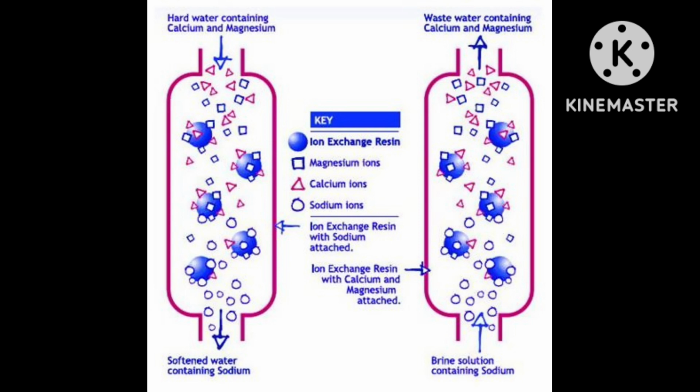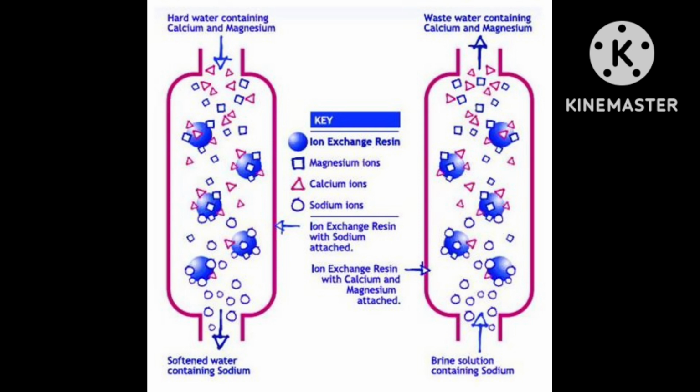It will give M carbonate plus sodium sulfate. Now this M carbonate, M means metal, maybe calcium, magnesium. Then MCO3 can be filtered, and now we will get soft water.